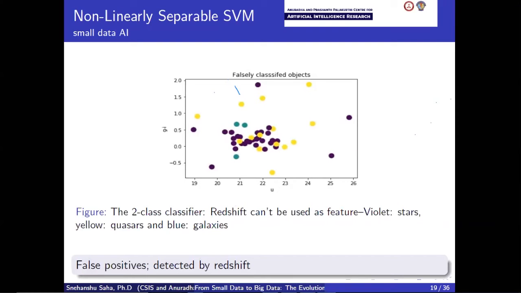So if you really don't care about methods and you don't want to think hard about how to separate this, you can do a very simple solution. That simple solution is there is one dimension which is known as redshift. If you use redshift as a feature or as a dimension in your training data set, this problem is really easy to solve. In fact, you will get 100% accuracy.